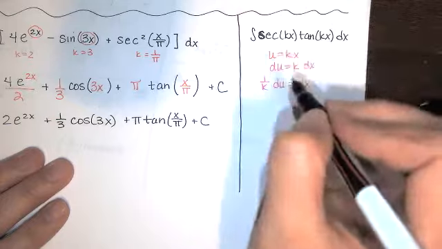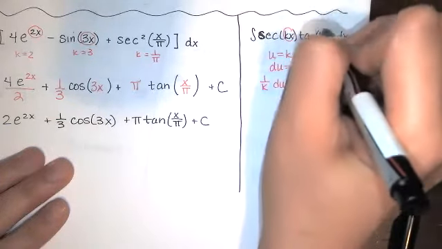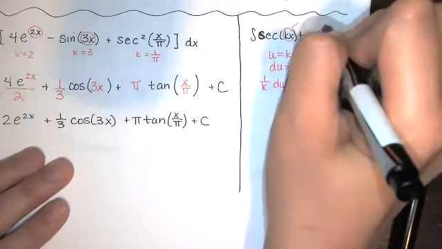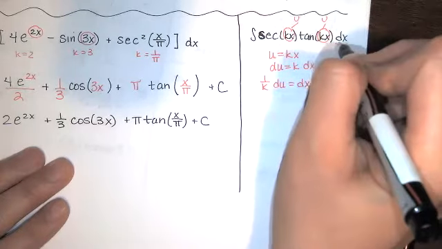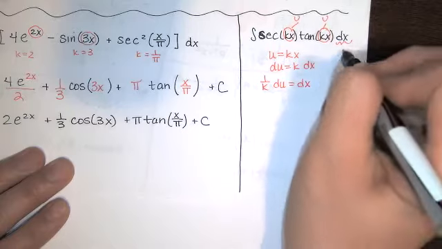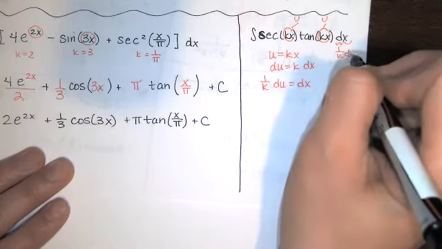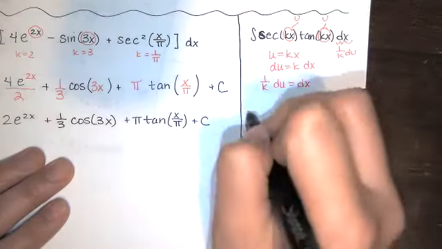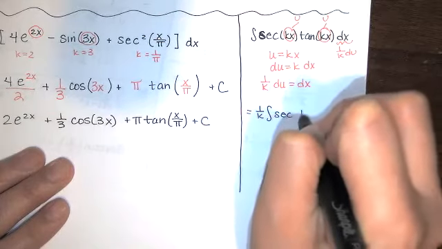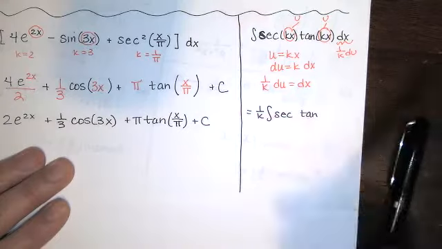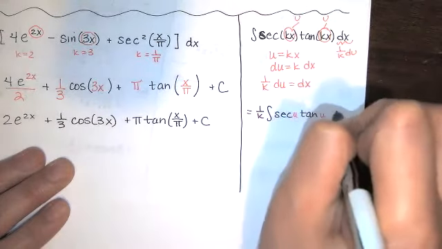So then I replace everything up here with u's. I have to write everything in terms of u instead of x. So that's secant of u, tangent of u, and dx ends up being 1 over k times du. So the antiderivative of secant of u, tangent of u du times 1 over k.